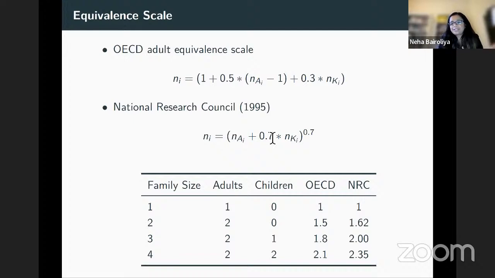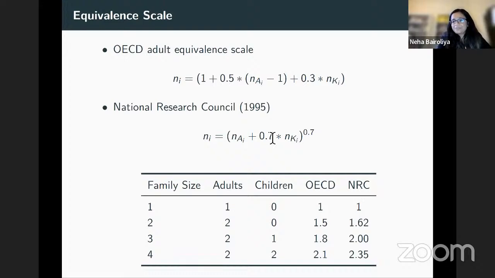The OECD scale suggests that 2 adults cost 1.5 times the consumption, while the NRC scale would suggest that it's a little bit more than 1.5, it's 1.6. And the presence of children, of course, changes that. And as you go on increasing the number of adults, the scale changes. So you can see that there are differences, which could potentially mean that the adjustment matters, right?